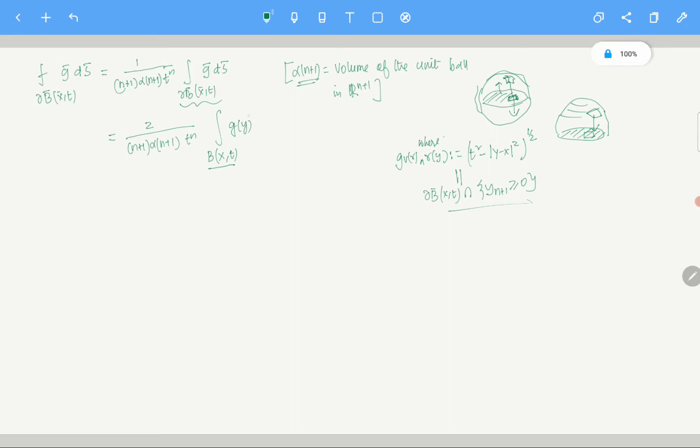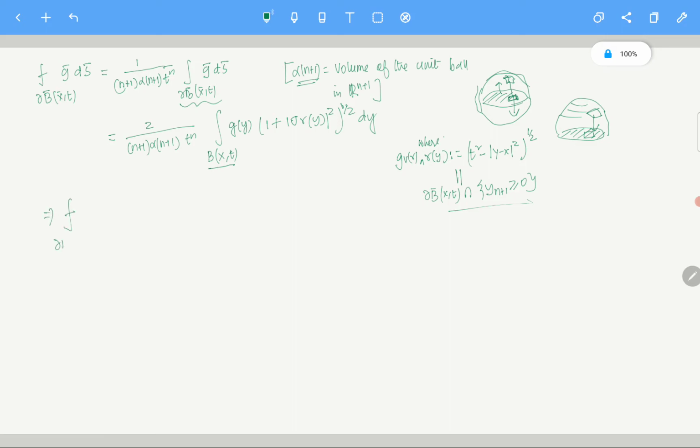So when we do this change of variable, what do we get? We get essentially 1 plus gradient gamma of y square, whole power half, dy. Clear? That's what we get. Now we are going to simplify it a little more.